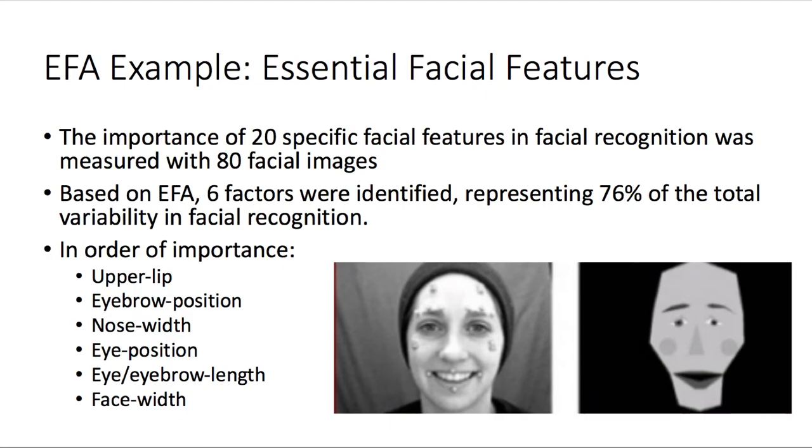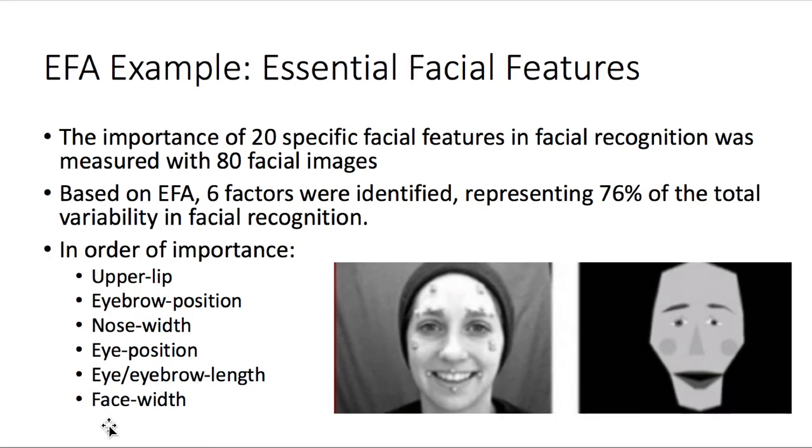In order of importance, they are the upper lip, eyebrow position, nose width, eye position, eye or eyebrow length, then face width. So instead of looking at 20 different specific facial features like the forehead, the eyebrow, or the cheek, at the end, after the EFA, we just need to calculate the 6 different factors to identify the facial expressions.